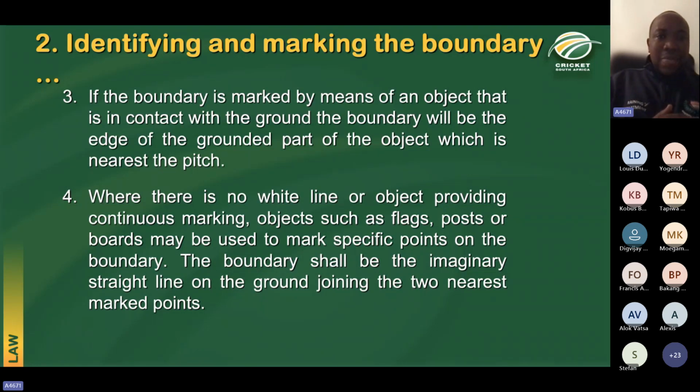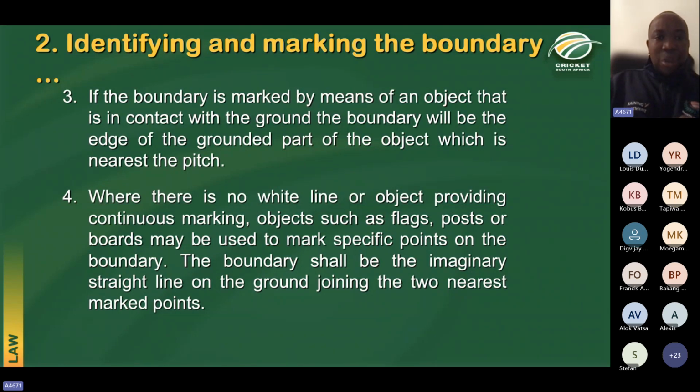Okay, this presents a challenge for umpires because we are typically 50 to 70 meters away from the boundary, and we have to unfortunately use the word of the fielder as to whether the ball has gone over the boundary or not.